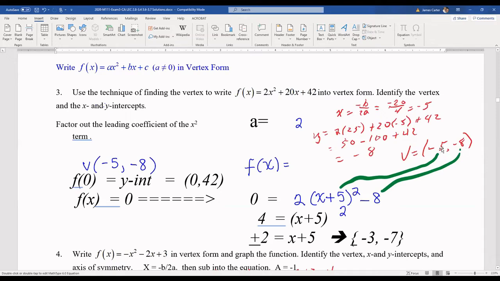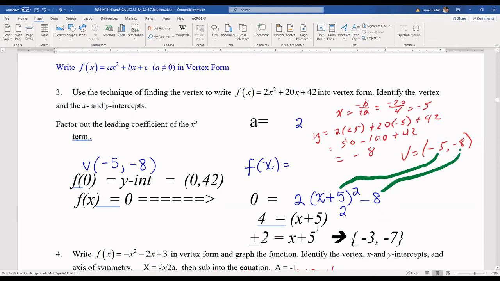Based on that, -5, opposite of sign, bring down this value, and that gives you the vertex form. Now, you noticed here we had a 2 here.